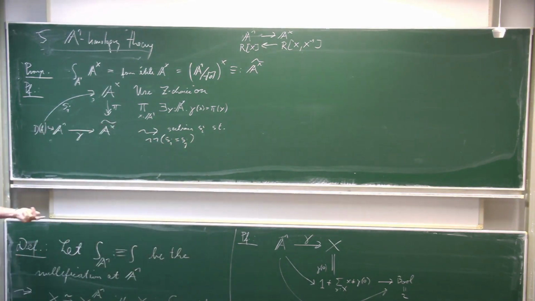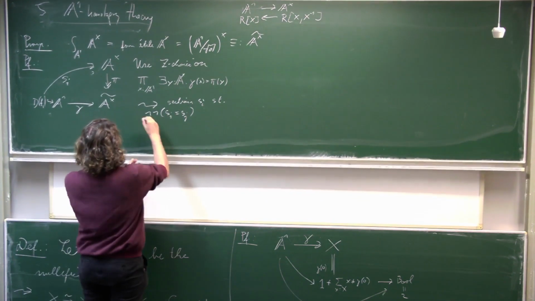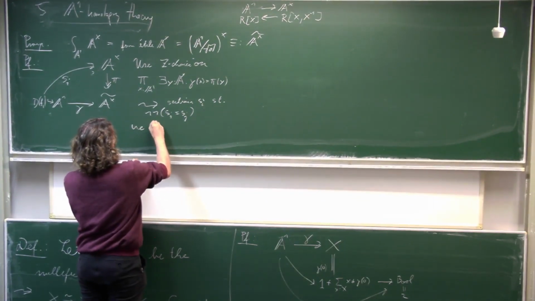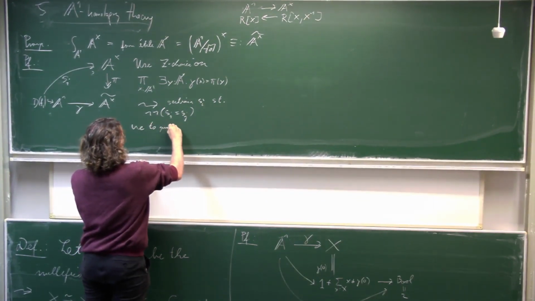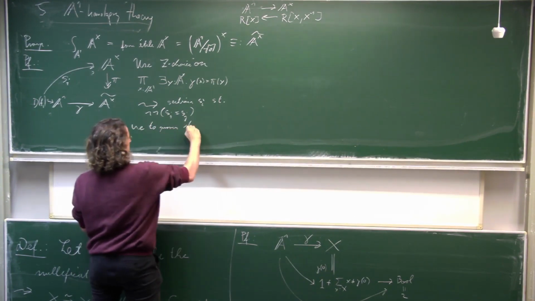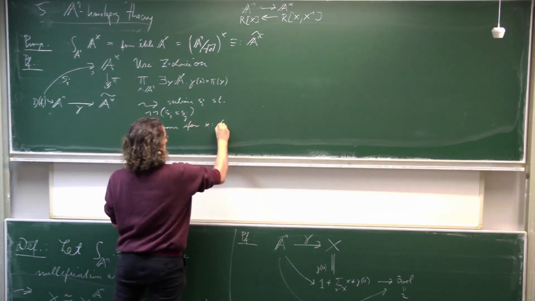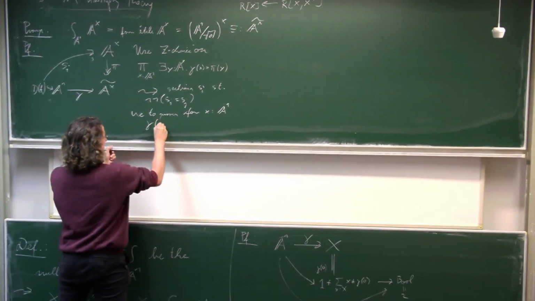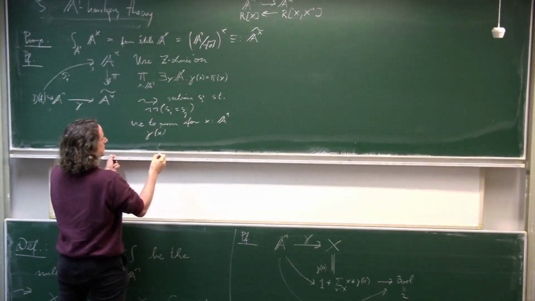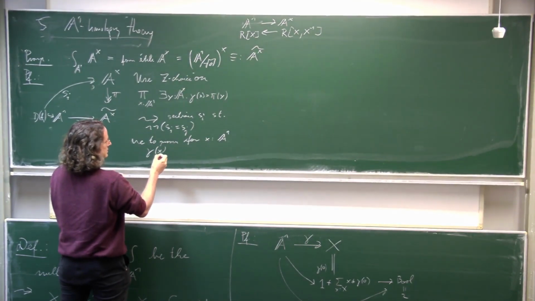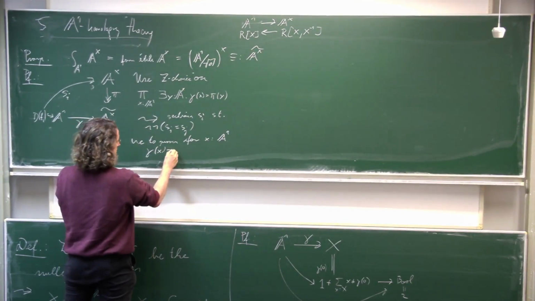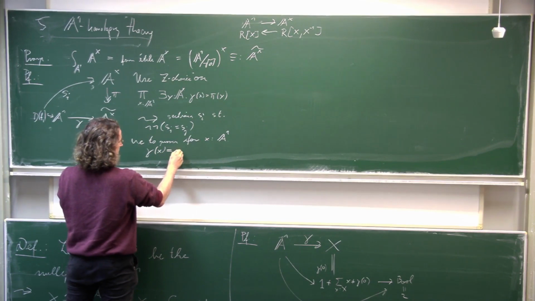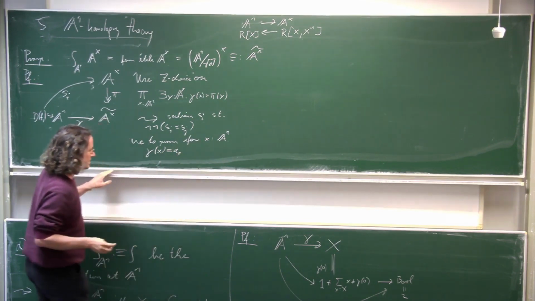And now I can use it to prove some double negation. Use it to prove for some x in A1, gamma x is some fixed value.